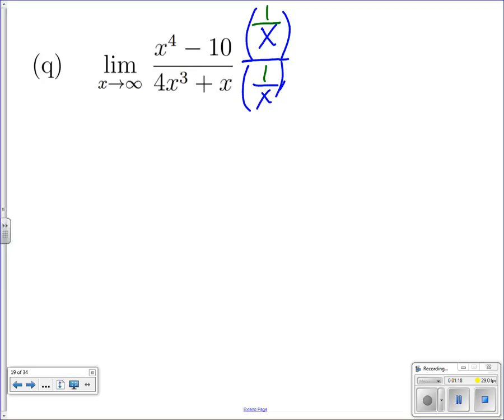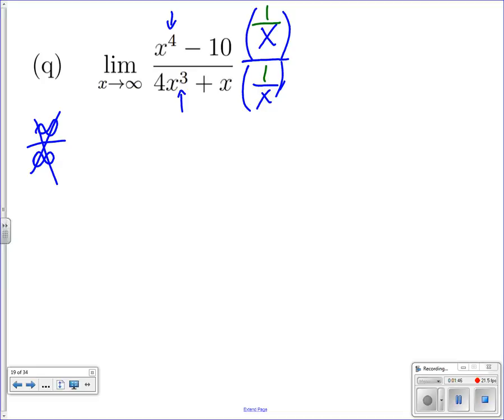The reason we're doing that is so that something ends up canceling in a moment. If we look at our degree on top, it's x to the 4th. Our degree on the bottom is x cubed. The entire goal here is to get something to cancel, so that we don't end up with that infinity over infinity indeterminate form.